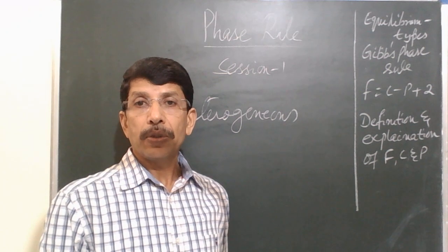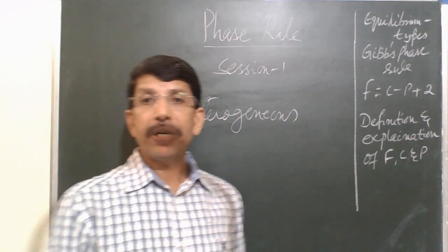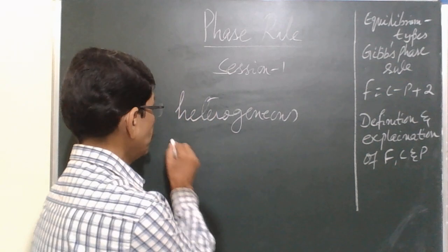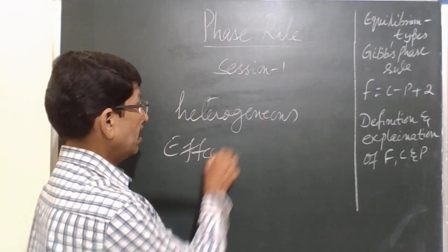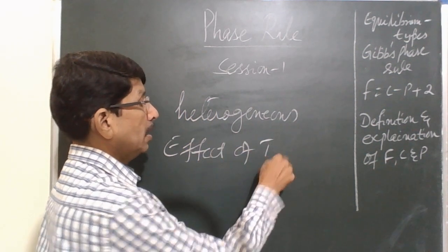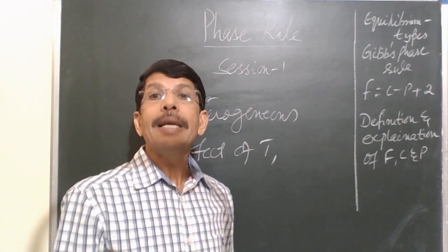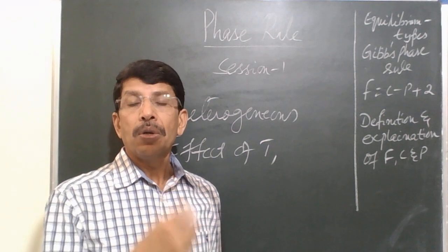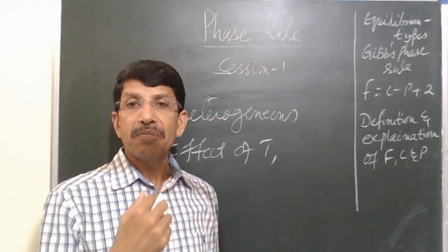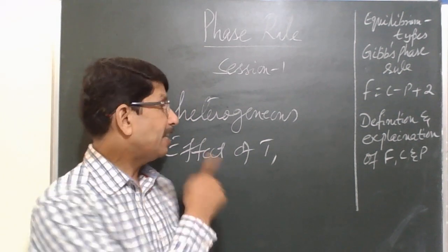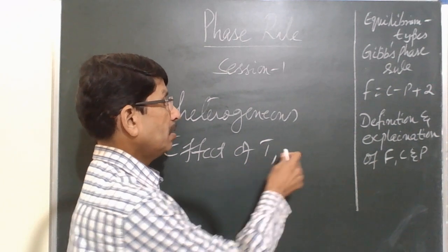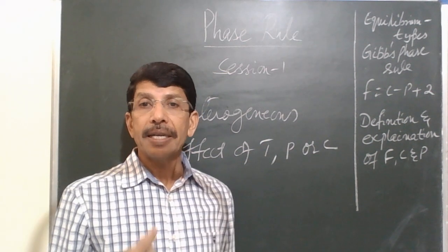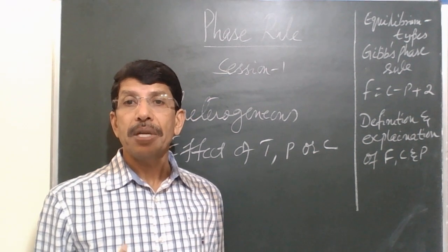And this Gibbs phase rule helps us in predicting the effect of changing pressure, temperature or concentration, or the phase diagram which we construct. So phase diagrams help us in predicting the effect of changing temperature, pressure or concentration on heterogeneous equilibrium.